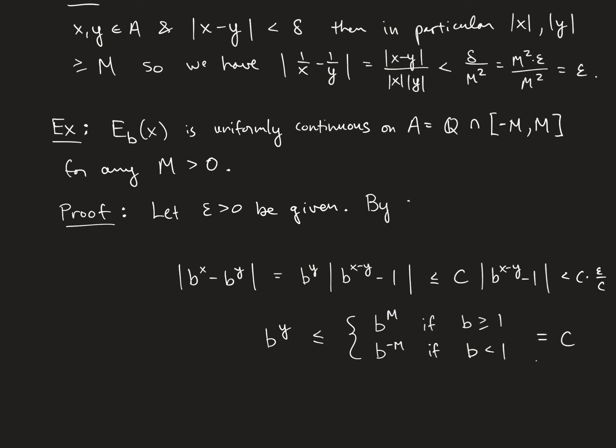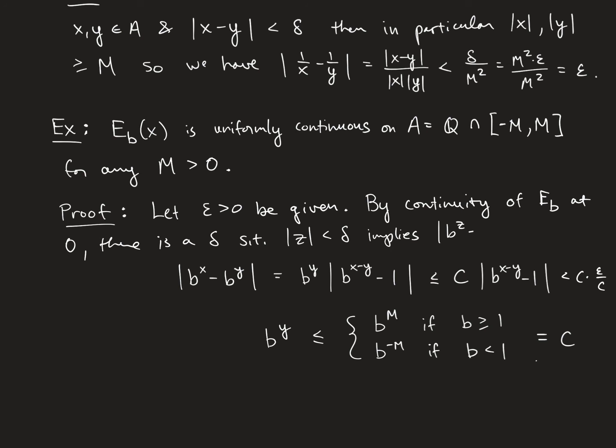Okay, so the proof is going to be: let epsilon greater than 0 be given. By continuity of e sub b at 0, there is a delta such that when the absolute value of z is less than delta, that implies that b to the z is within epsilon over c of 1.